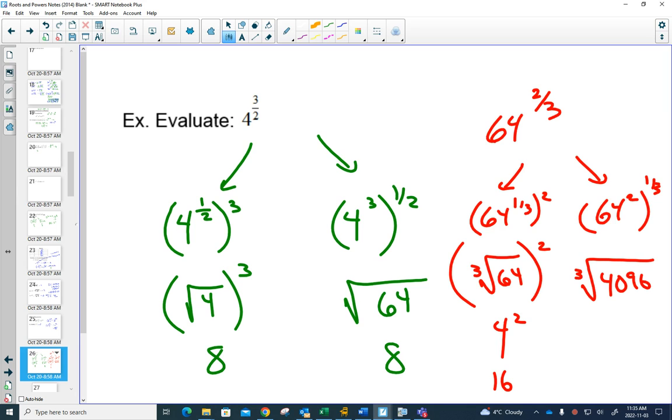And then you have to say, what times what times what is 4,096? Let's say 16. I don't even know if those numbers are right, because this mental math is harder because we had to deal with bigger numbers. So generally, if you can do the square root or the cube root first, your life is probably going to be easier because you're dealing with smaller numbers rather than bigger numbers.